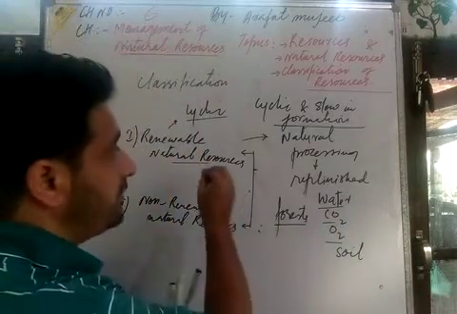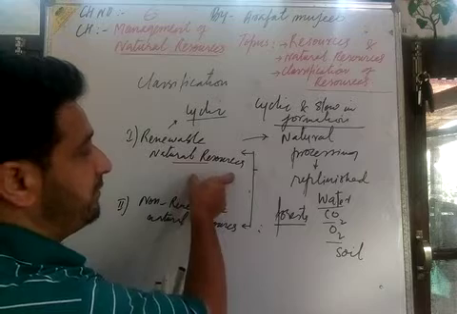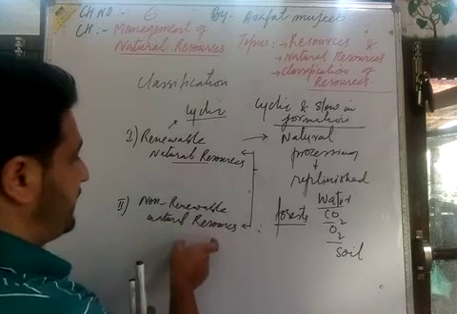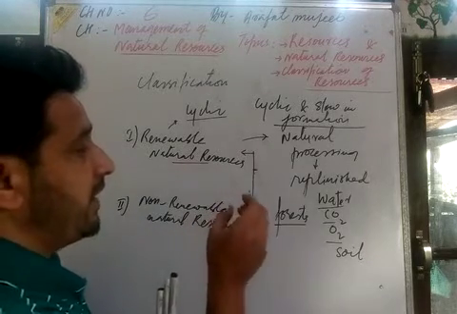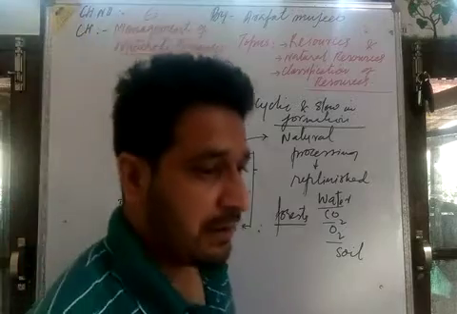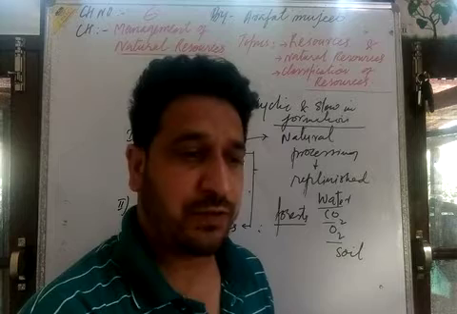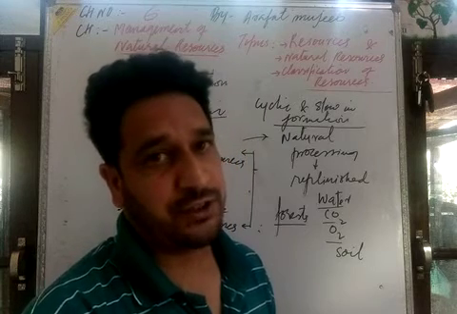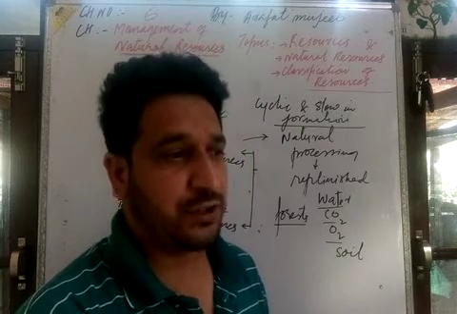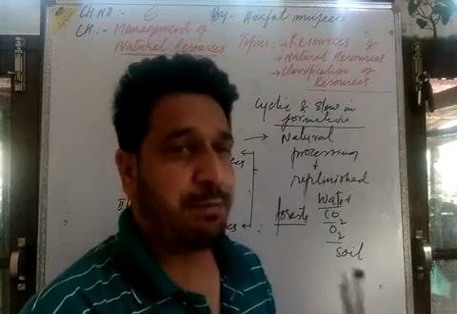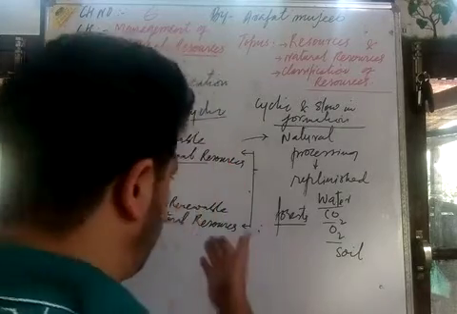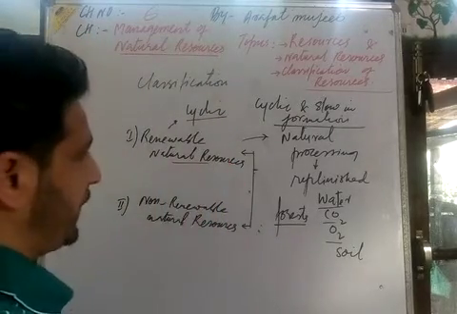And sometimes they become exploited, sometimes they come under non-renewable if there is imbalance between the formation of such resources by natural processes and utilization. When utilization and formation are in imbalance, then they can be categorized into non-renewable resources.